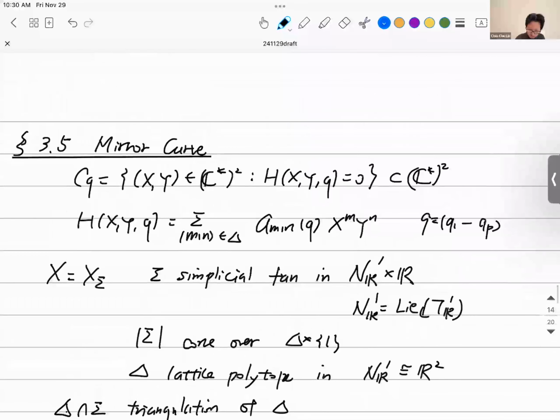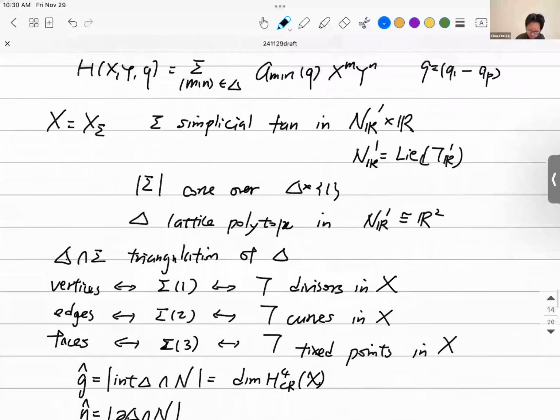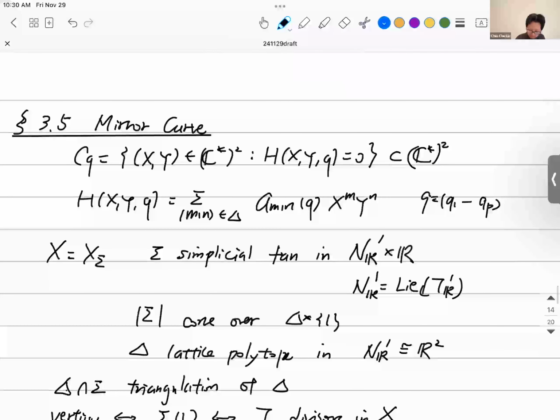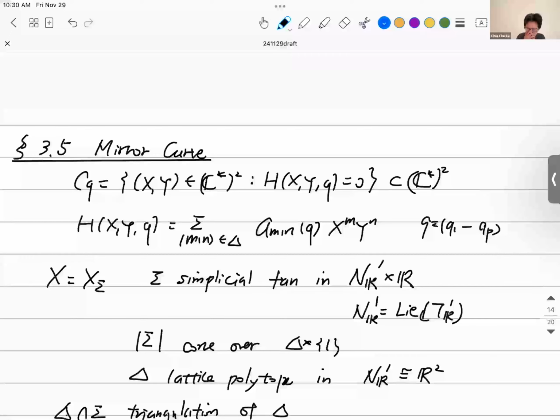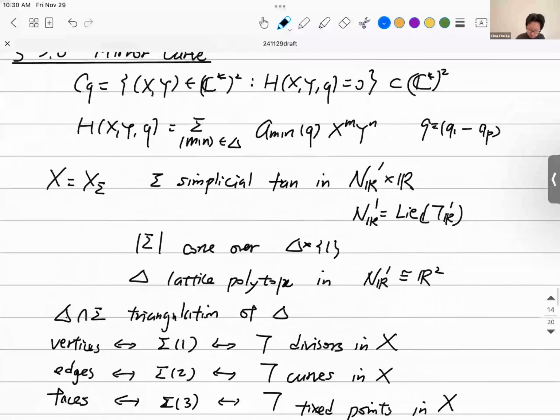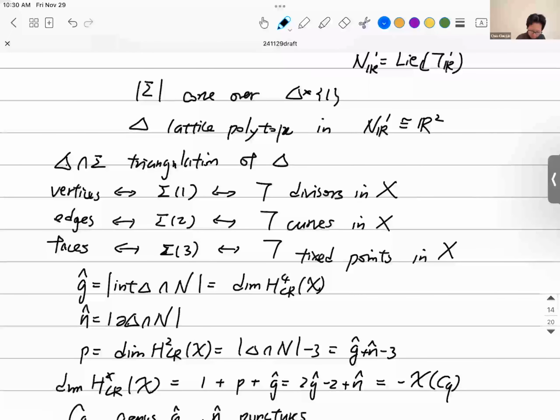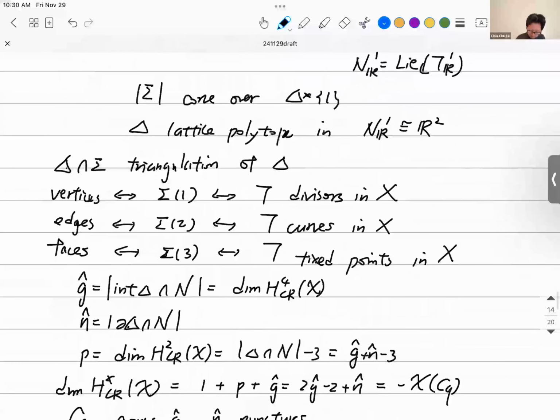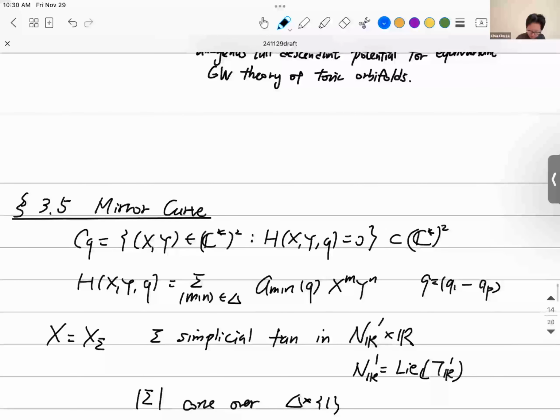So you can think, roughly speaking, that if you look at the coefficients, they should depend on p plus 3 parameters. But this is not the actual moduli, because if you change it by an overall scalar, it won't change the zero locus.